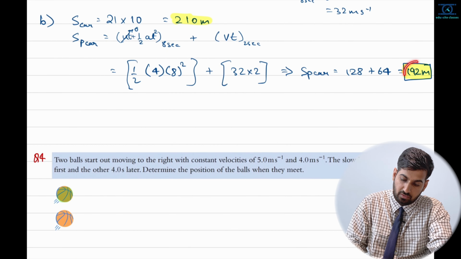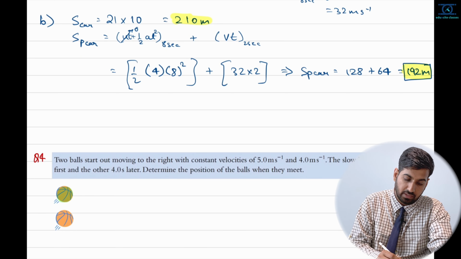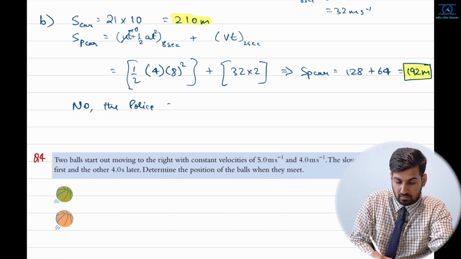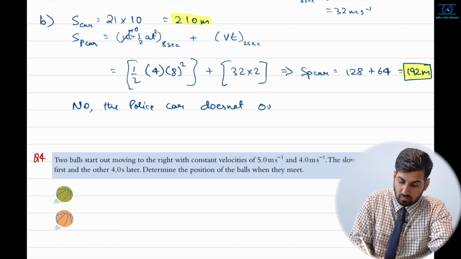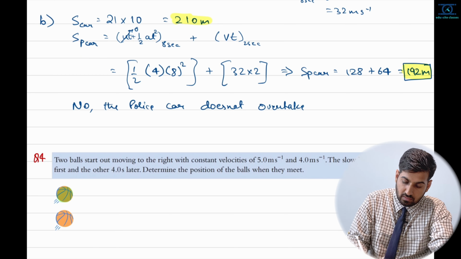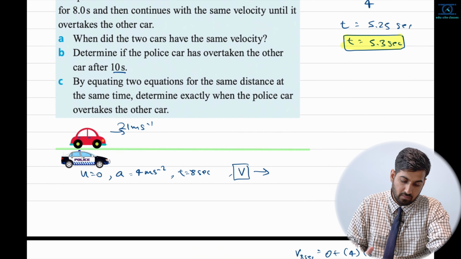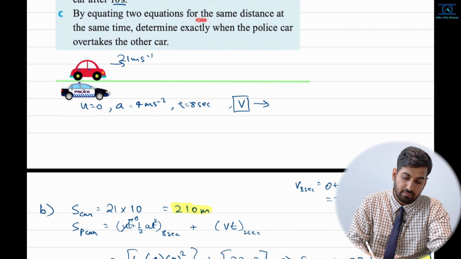This is 192 meters and this is 210 meters. So we can say the police car does not overtake the car. Okay, simply.